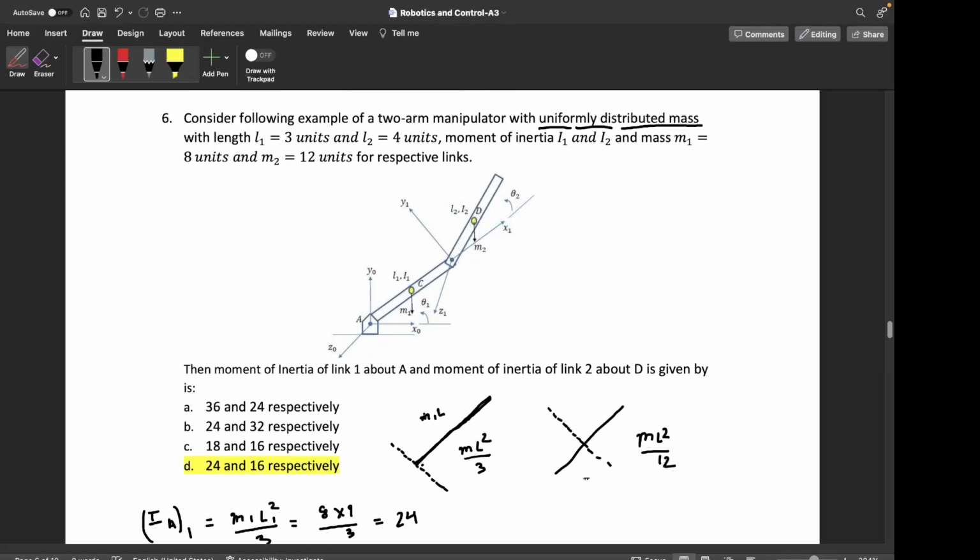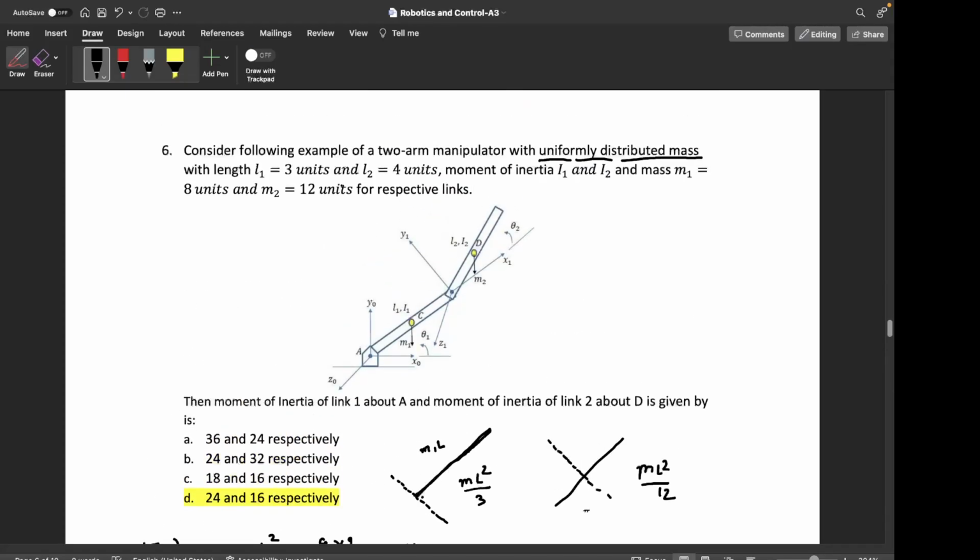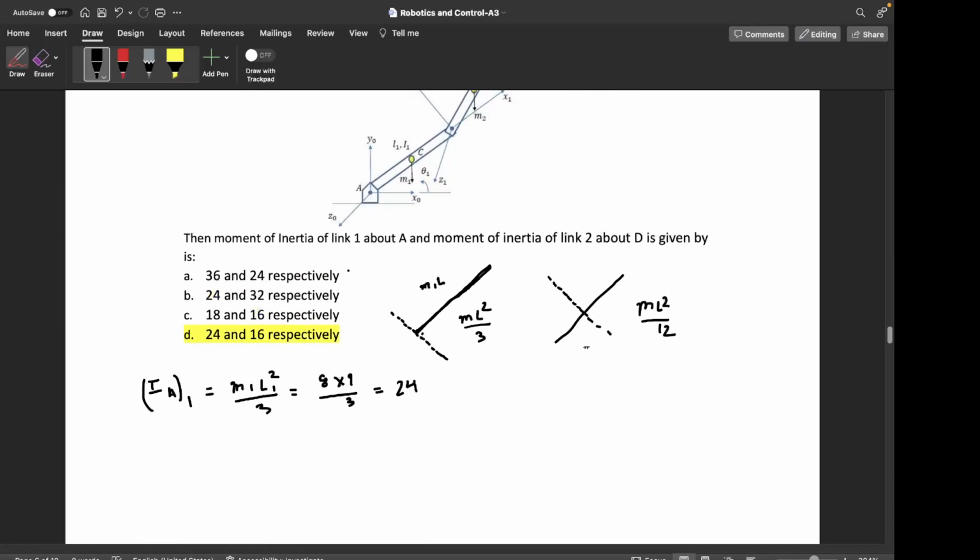And yeah, so it's given in terms of units, so units are fine. And I about D for link 2, you can use the second formula, which will give M2 L2 square by 12, right?